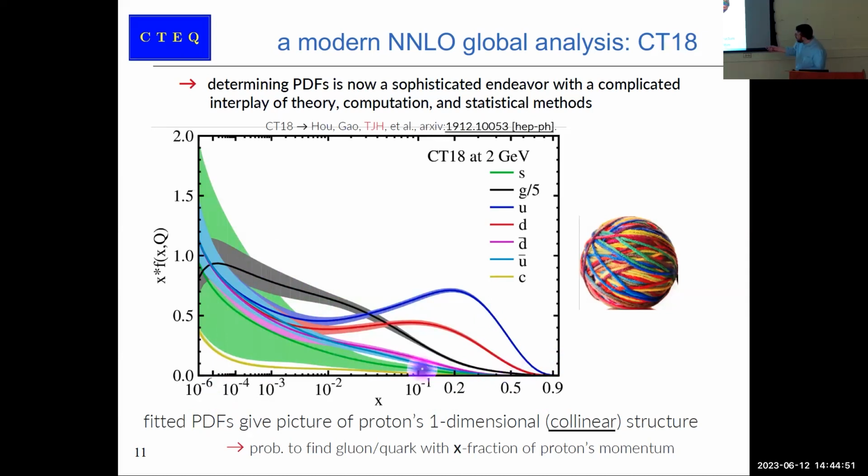As I go away from that, however, I get into the region where I'm actually fitting to available data. A lot of the LHC or other data that might be sensitive to this live roughly in the range of maybe 10 to the -4 to 0.1 or so.